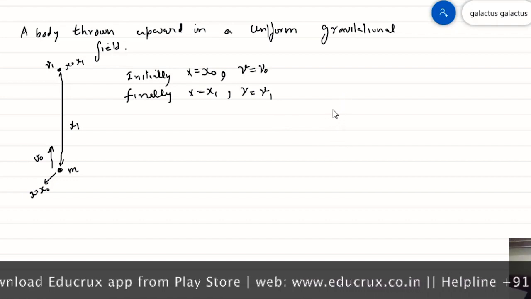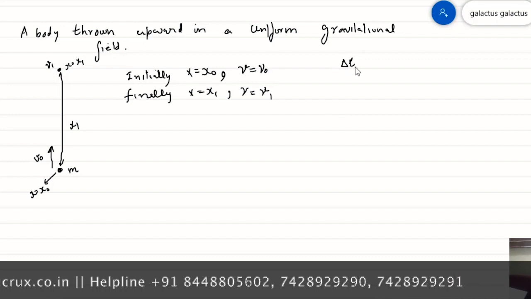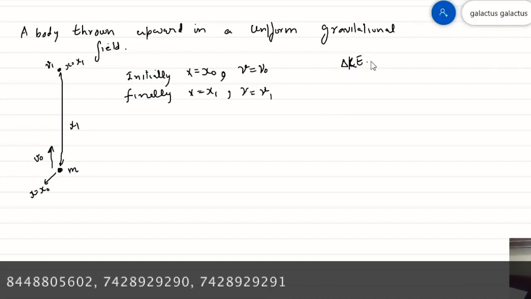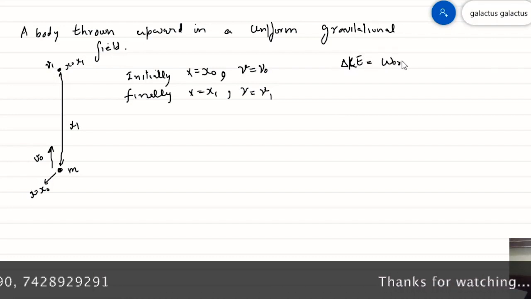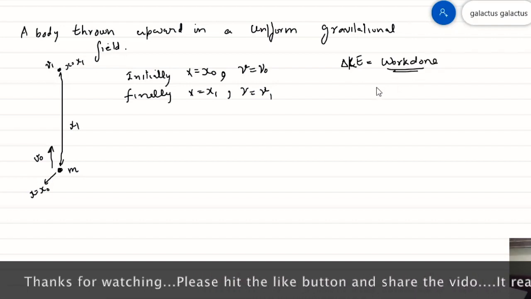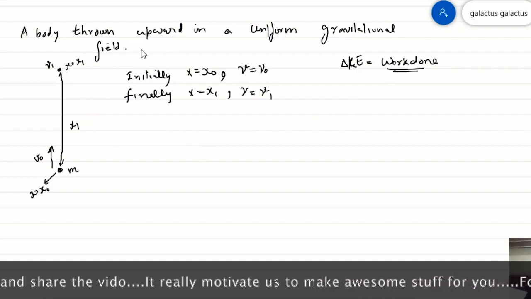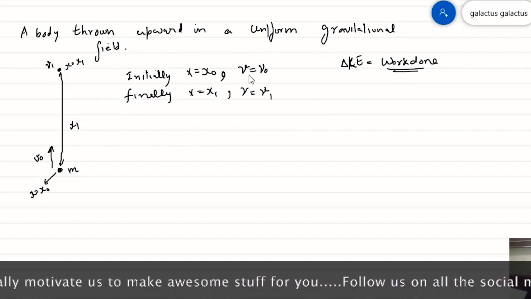So if I now apply the work energy theorem, that is, change in the kinetic energy is equal to the work done, what is the force that is doing work here? I have thrown a body upward in a uniform gravitational field.